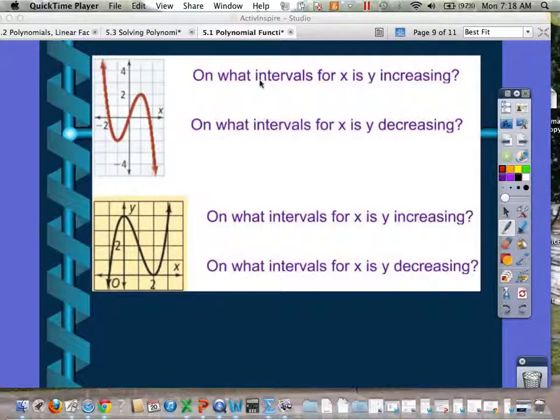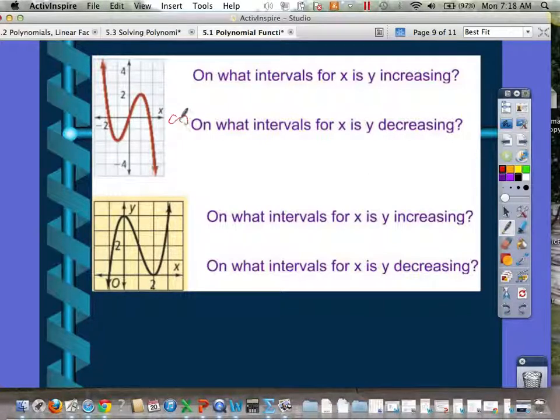All right, so what you need to make sure you know is on the x-axis, this is going towards positive infinity. This side's going towards negative infinity. On the y-axis, this is going towards positive infinity, and this is going towards negative infinity. Okay? So it says on what intervals for x is y increasing.